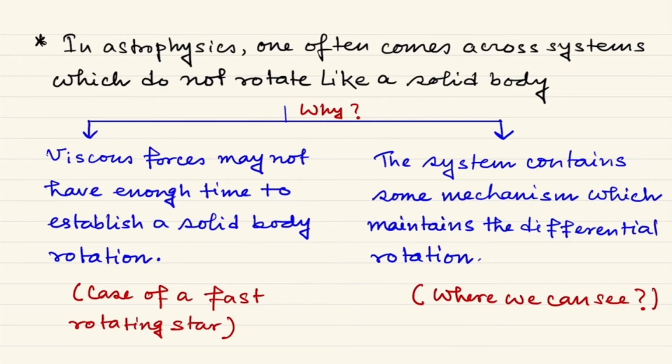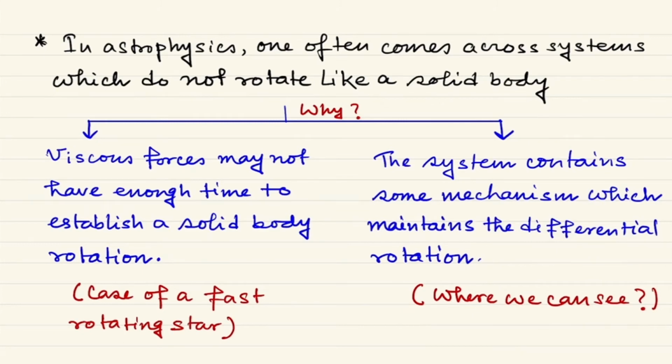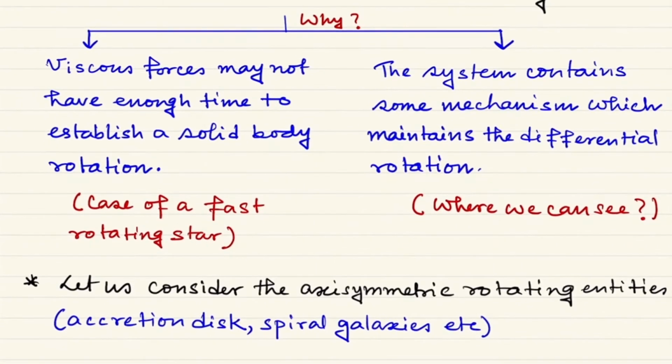Now the question is, where can we see this type of thing? For that, let us start with a very simple example which we have already studied in detail, the accretion disk, and along with that something very similar, the case of spiral galaxies. These are two axisymmetric rotating entities in astrophysics.